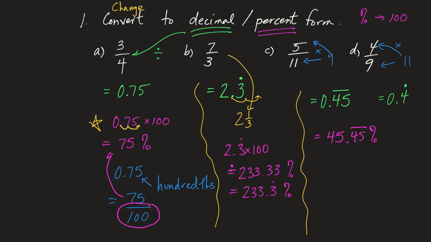Just be very careful here that if you wanted to give me a rounded value, then we know we round off to 2 decimal places. That 4 is too small to bump up that 5. And so when we round that thing off, we will get approximately 45.45%.